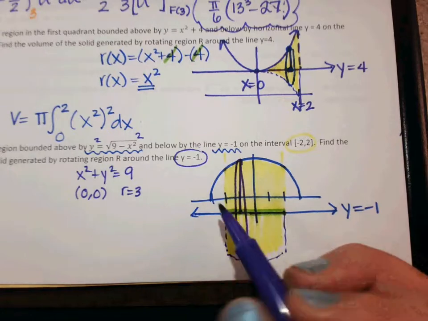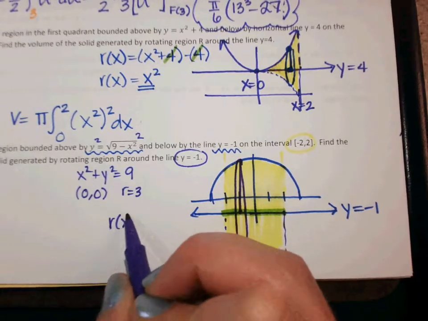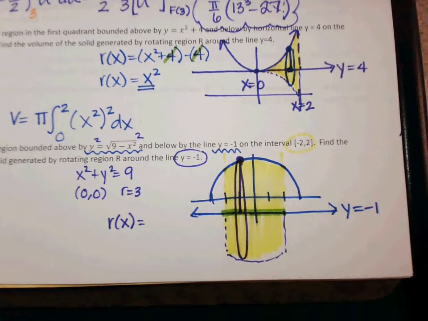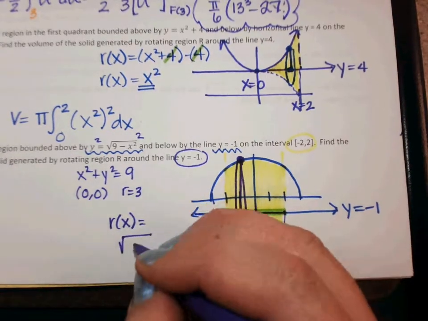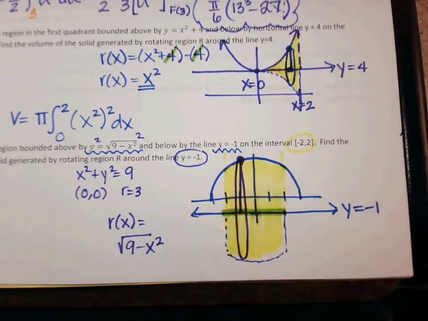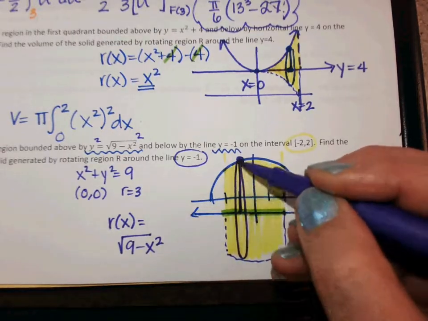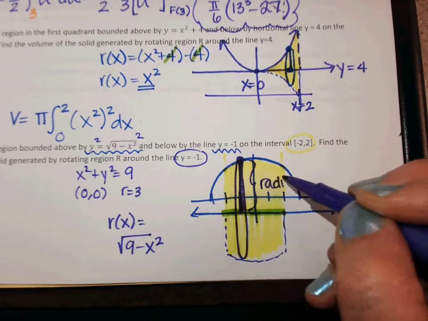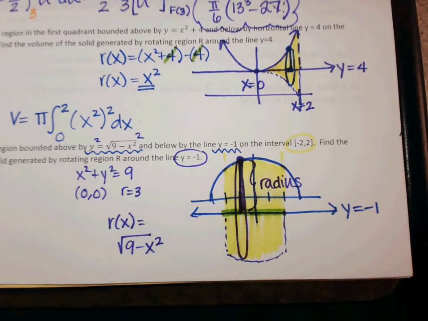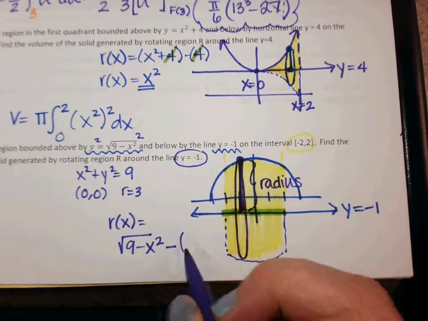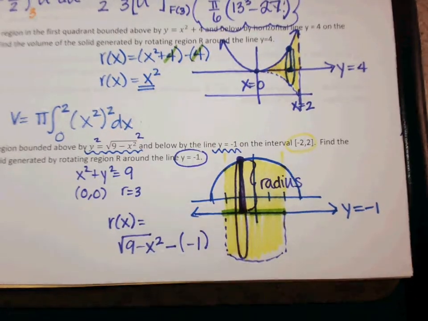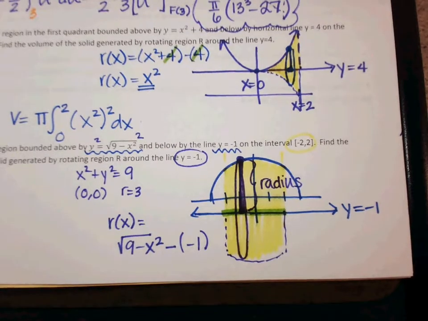Okay, so when I do my radius, what is the function on the top? The square root of 9 minus x squared. Now I'm doing the top half of the radius here. So this is my radius right here. Okay, and then what's on the bottom? What's on the bottom of the radius? -1. Okay, now, I'm going to come up here and try to point at stuff.